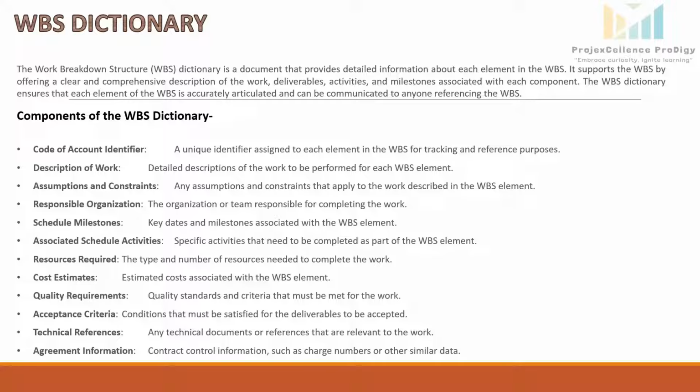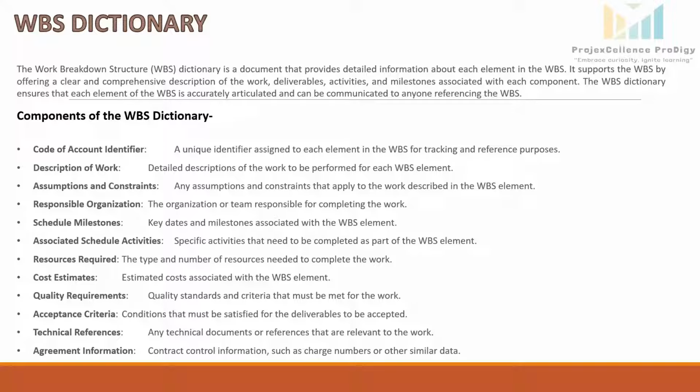Description of work. Detailed description of the work to be performed for each WBS element will be mentioned in the dictionary. For instance, the foundation work might include tasks such as excavation, laying concrete, and installing the rebar. Assumptions and constraints.